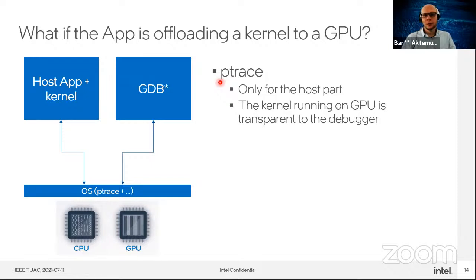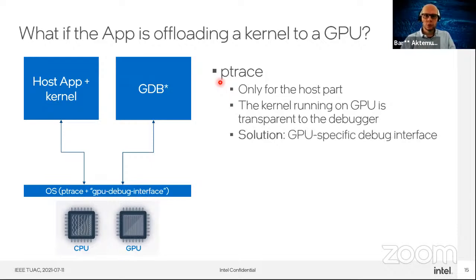The kernel that's running on the GPU is transparent to the debugger, and in this setup, there is no way to debug GPU kernels. So the solution here is to provide the debugger an interface that is specific to the GPUs, so that the debugger can control the GPU just like controlling the CPU applications.